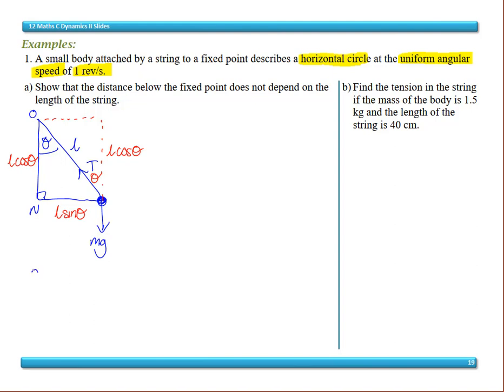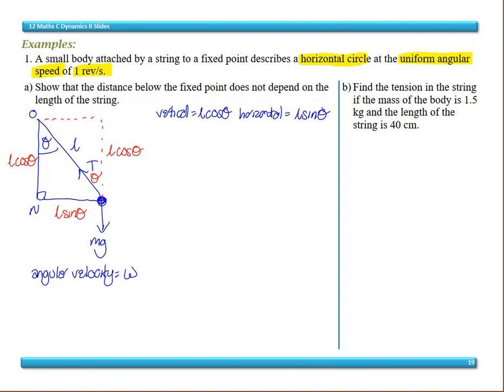And our angular velocity is W, or omega. We're going to resolve our tension horizontally and vertically, which we've done on the diagram. So vertical is equal to T cos theta, horizontal is equal to T sine theta.